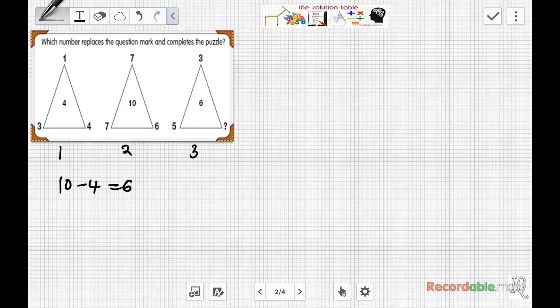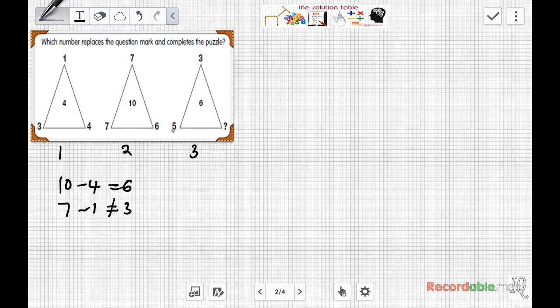This means that we have to subtract numbers on the first triangle from the second triangle, and that should give us the number on the third triangle. So we subtract 1 from 7, and that should give us a number over here. But realize that when we subtract 1 from 7, it should give us a 6 and not a 3. In the same way, when we look at the base numbers, we should subtract 3 from 7.